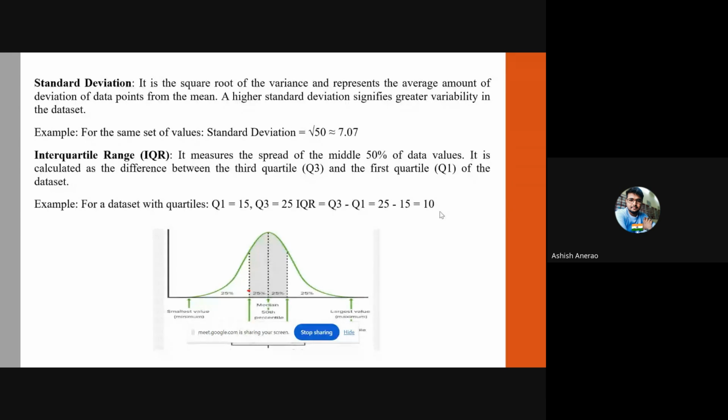Suppose we want to predict which player will perform better in the next match. Our obvious answer is A. Why? Because the spread of runs of A is much less than B. See, the average is the same: 300 divided by 5, the average is 60.